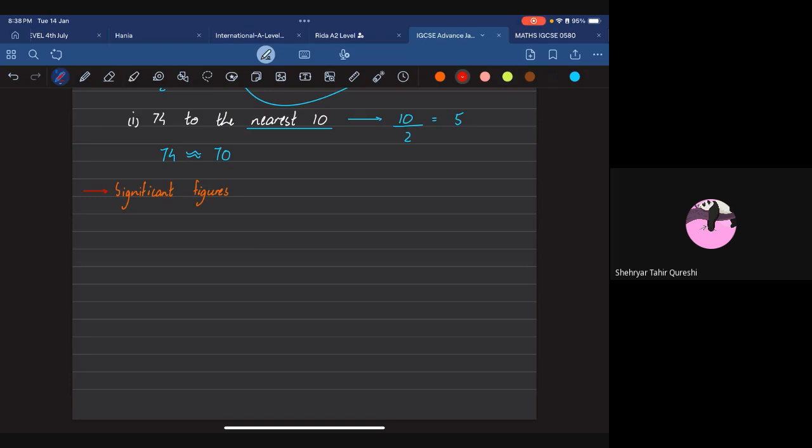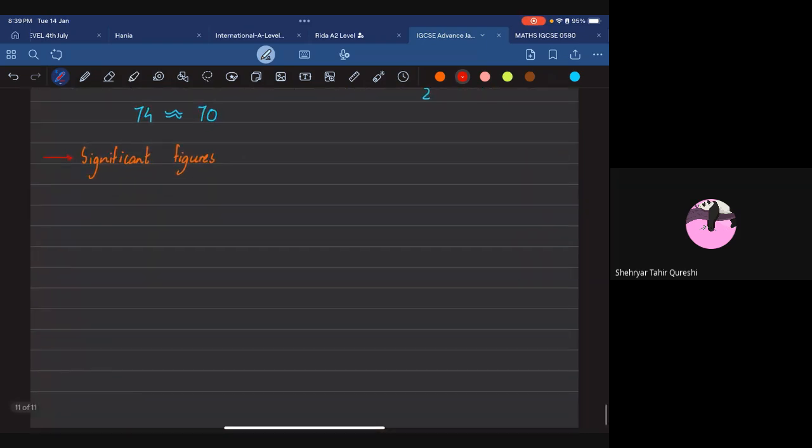Then you have to adhere to it, and if you don't, he's probably going to cut 1 mark, or carry one error forward and cut 1 mark from the entire question. So for significant figures, you need to be cautious. If it's not mentioned, write at least three significant figures. That's fairly enough.